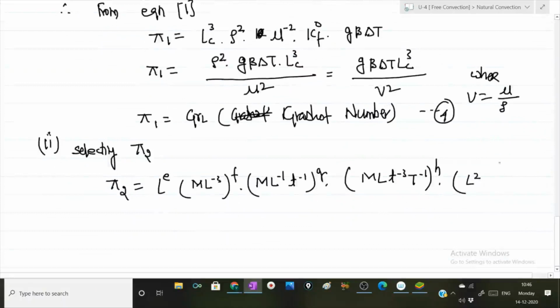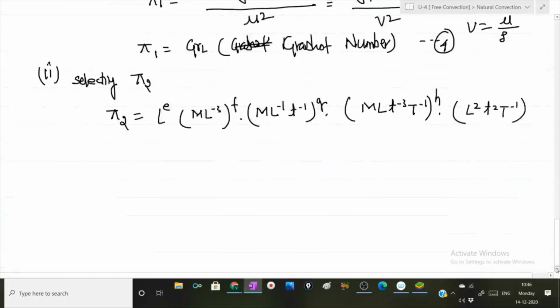L square, small t minus 2, capital T minus 1. So pi 2 is a non-dimensional term. It can be expressed as M^0 L^0 T^0 t^0. Combining the exponents of M gives f plus g plus h.